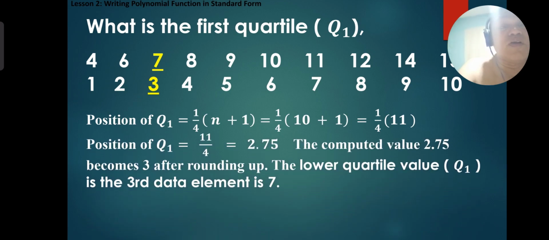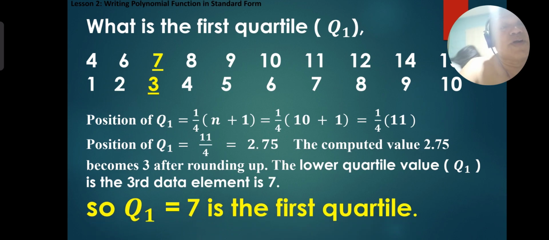The position of quartile 1 is equal to 11 over 4, which is 2.75. The computed value, 2.75, becomes 3 after rounding up. The lower quartile value is the third data element.